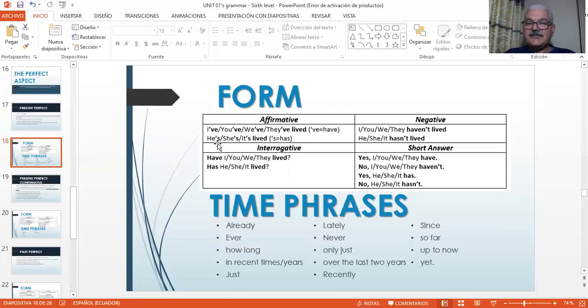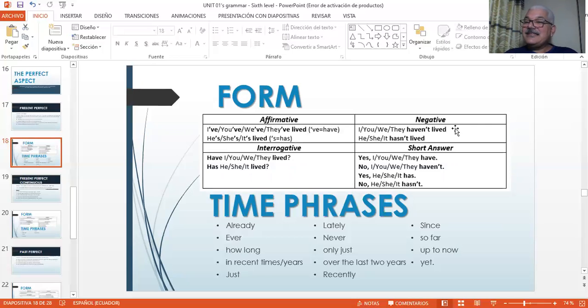We say he's, she's, it's lived. So notice that in both cases we had to use the main verb with its, let's say, past participle. Then, in this case, we only said that the action started in the past and it continued up to this moment in which we are talking.